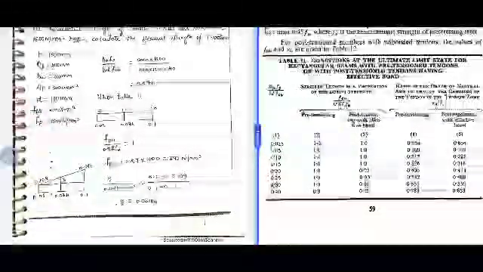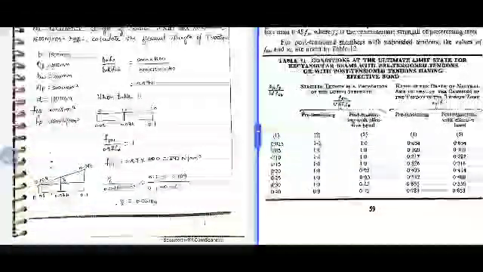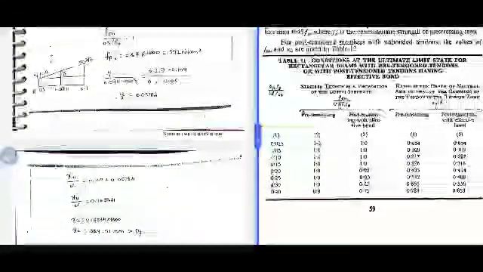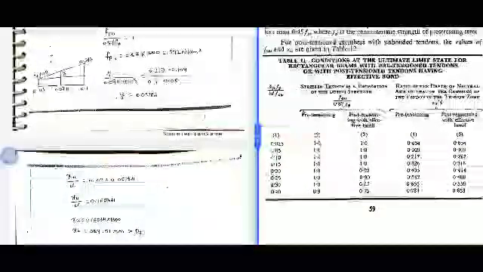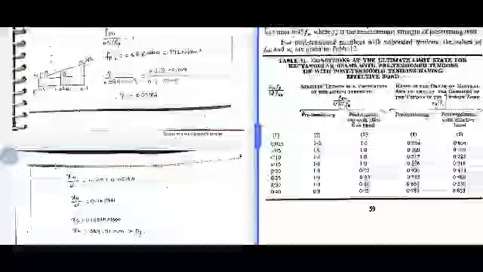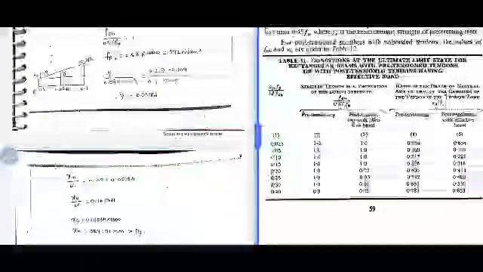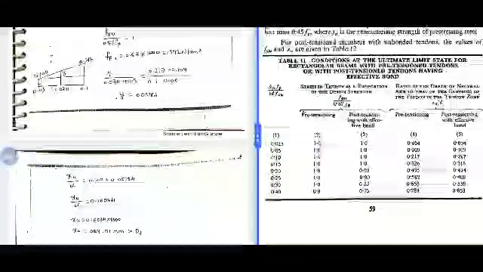On interpolating for 0.074 we will get 0.16084 as the XU by D ratio value. Then simplifying, we will get XU value, it is 289.51, but the depth of the flange is 200 mm. So it means your neutral axis lies in the web, that is XU greater than DF.